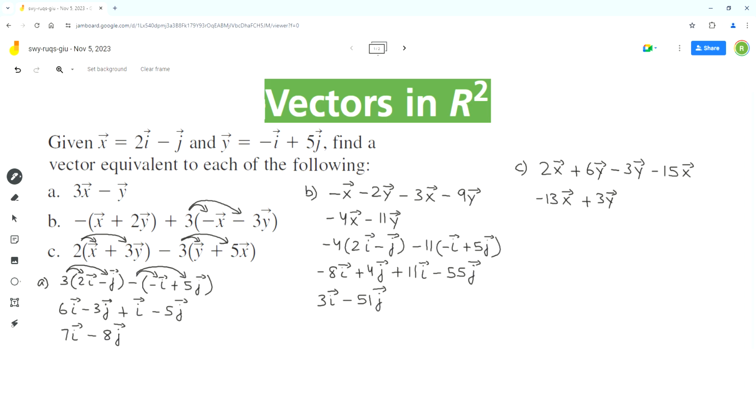Now we can do the substitution for vectors x and y. Now we can do the distribution in the parentheses. So first we can distribute the negative 13.